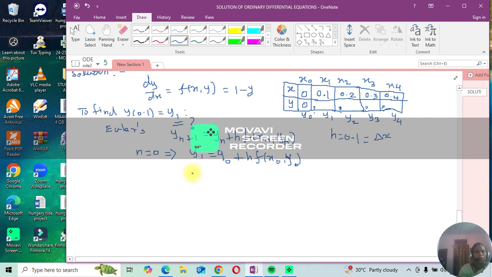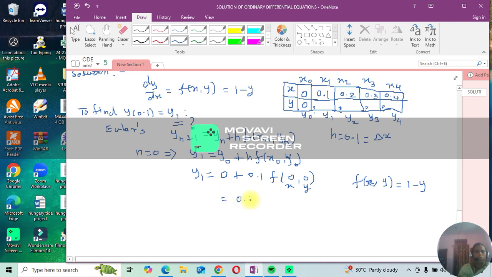Okay, now y1 equal to y0. What is y0? You can see that y0 is 0. So 0 plus h, which is 0.1, into f of x0 comma y0. x0 is 0 and y0 is also 0. We know f of x, y is nothing but the given differential equation, that is 1 minus y.